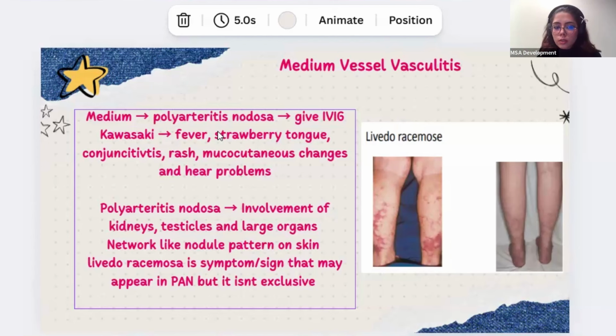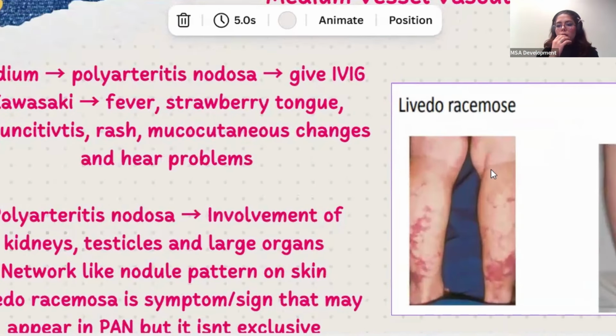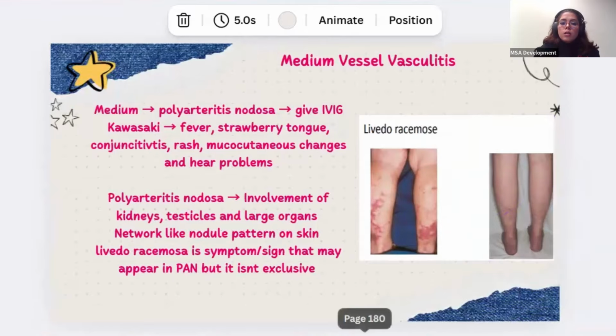Polyarteritis nodosa involves the kidneys, testicles, and large organs. There's a network-like pattern on the skin, livedo racemosa. Livedo racemosa isn't a disease by itself, it's just a sign that may appear.